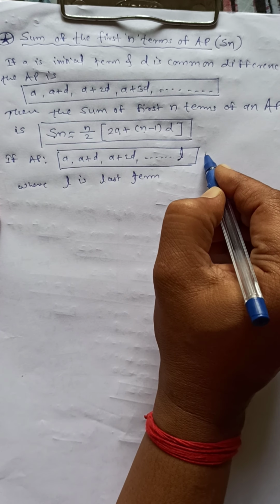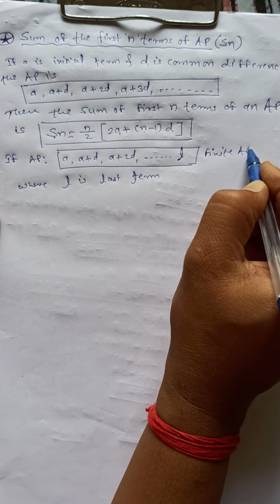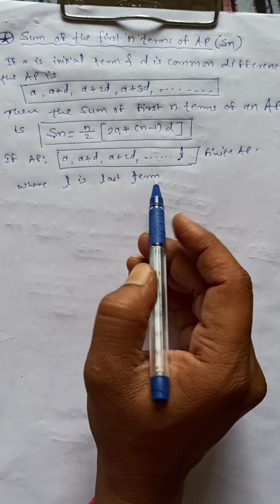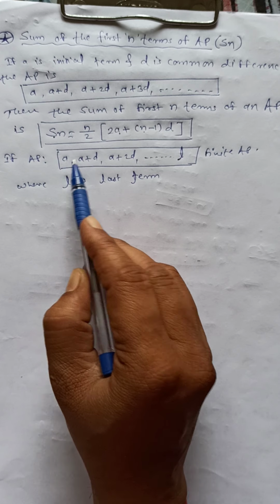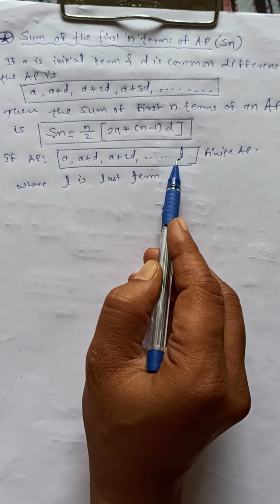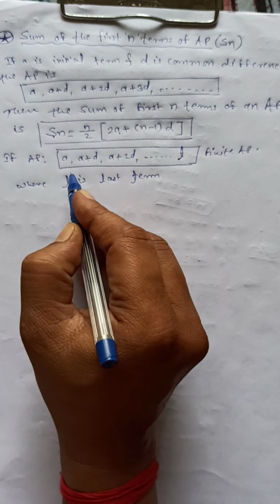This kind of AP is called a finite AP. If your AP is a finite one, you know the initial term is A, the last term is L, and the common difference is D.